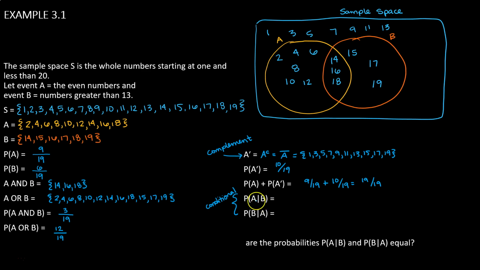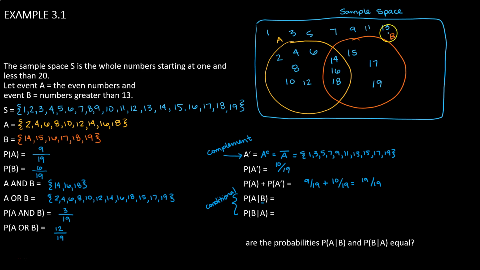Basically, that's saying what's the chances, the probability, that I pick an even number knowing that the number is greater than 13. So we're going to assume that B has definitely happened, meaning we're not going to let ourselves consider any of the numbers that exist outside of B. We're basically shrinking our sample space.